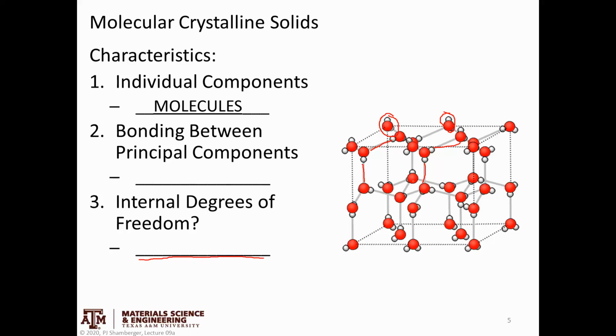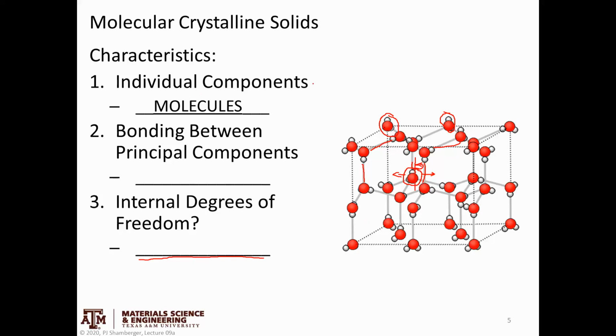And by that I mean, how much freedom or flexibility does each of these molecules have? Can it have translational degrees of freedom? So could it be positioned there, or maybe a little bit to the left, or maybe a little bit to the right? Or does it have rotational degrees of freedom? So is this orientation exactly defined, or could this be free to rotate around some particular axis?